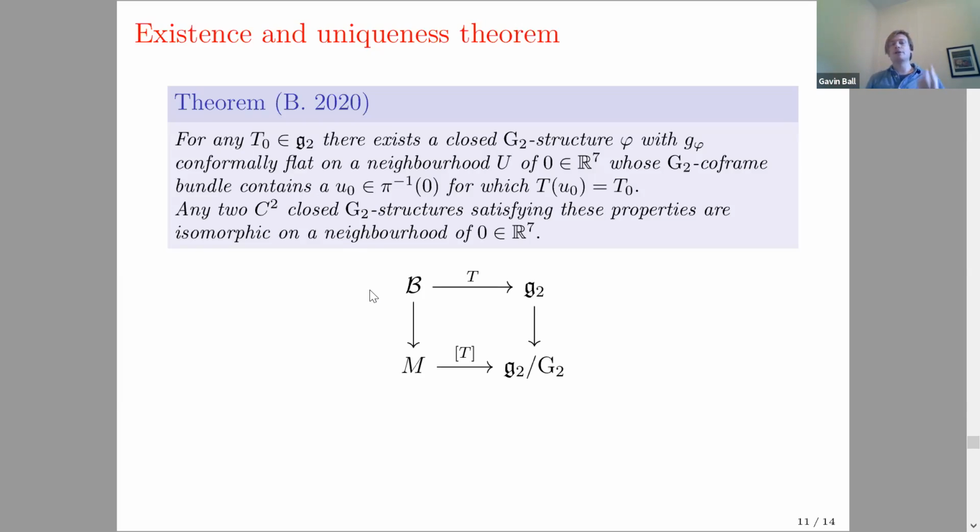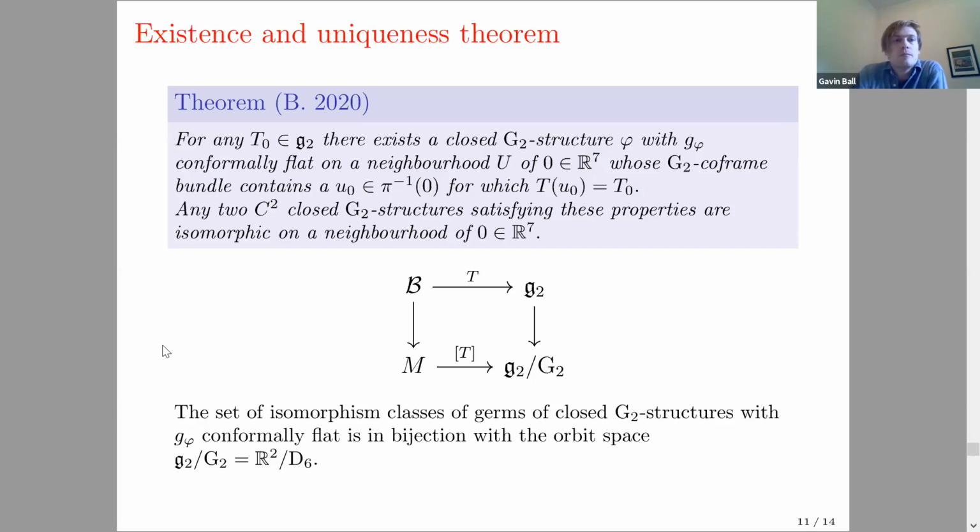As I move up and down in the fibers of my coframe bundle, this function T is G2 equivariant. So as I move up and down the fibers of this coframe bundle, my T is going to move through the orbit of the adjoint action of G2 on the Lie algebra of G2. So the thing that really determines the germ of the G2 structure is not T. It's more like this map that maps into the orbit space for the adjoint action of G2 on its Lie algebra.